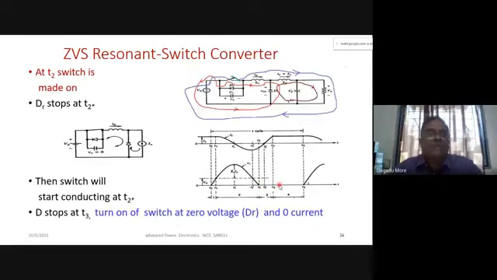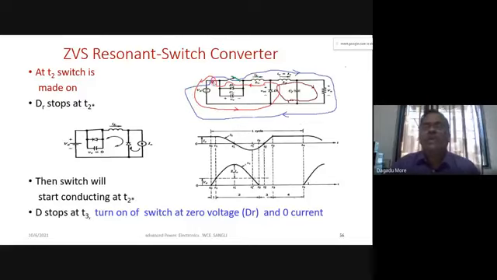When voltage becomes zero at T2, let us assume this is the instant when the voltage across the capacitor becomes zero, we turn on the switch. As we turn on the switch, what will happen?